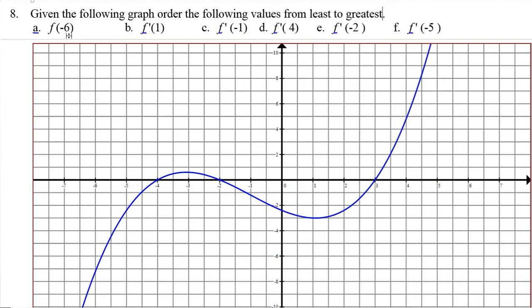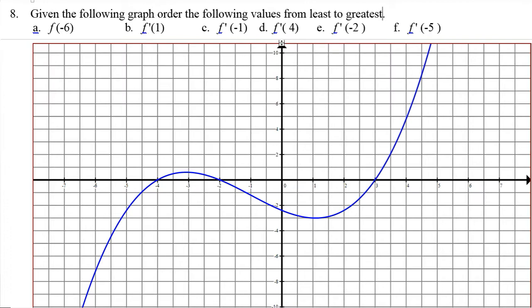So the least is f of negative 6, then f prime at negative 1, then f prime at negative 2, then f prime at 1. Sorry, some of those should have said primes. Let's say that again. f of negative 6, then f prime at negative 1, then f prime at negative 2, then f prime at 1.